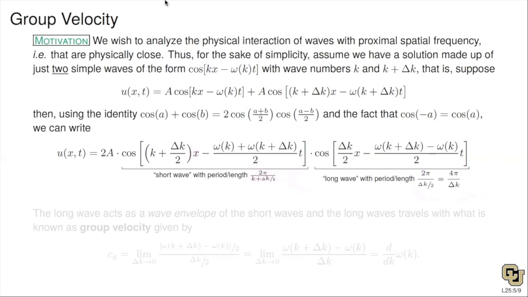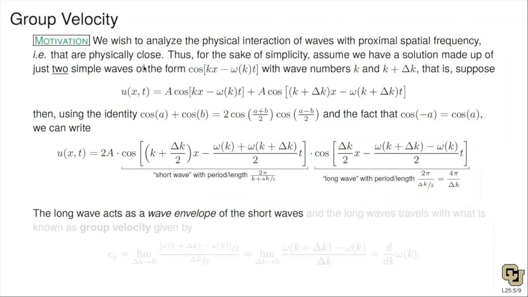We have our short wave versus long wave here. And so now we want to try and understand, okay, what's going on here? What's up with the short wave? What's up with the long wave? And how are they interacting with each other? Okay, so here it might be best to show you the picture first.